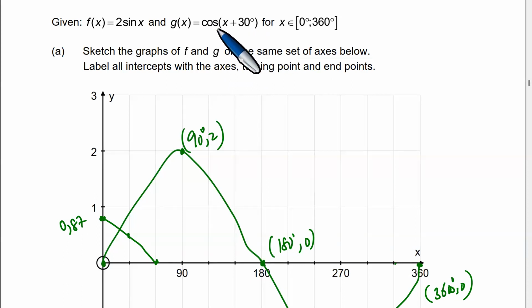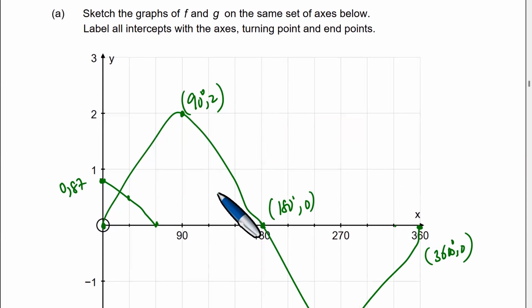At 90 degrees, it's going to be cosine of 90 plus 30, which is 120, second quadrant. And cosine 120 is -1/2, minus 0.5. At 120, you add 30, which is 150.